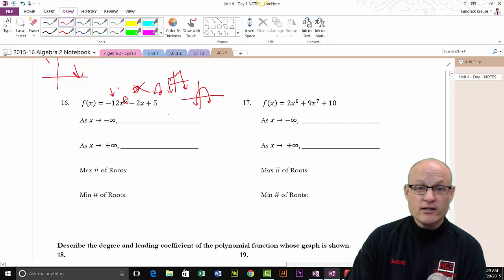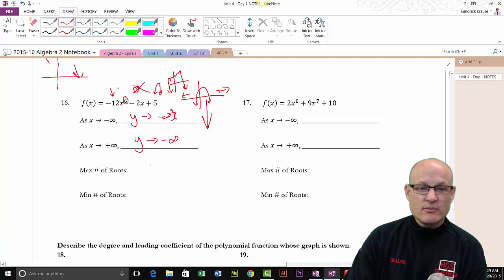Whatever. They're both coming down. So as x goes towards negative infinity, y goes towards negative infinity. As x goes towards positive infinity, y goes towards negative infinity. It doesn't matter which way x is going, it's coming down.